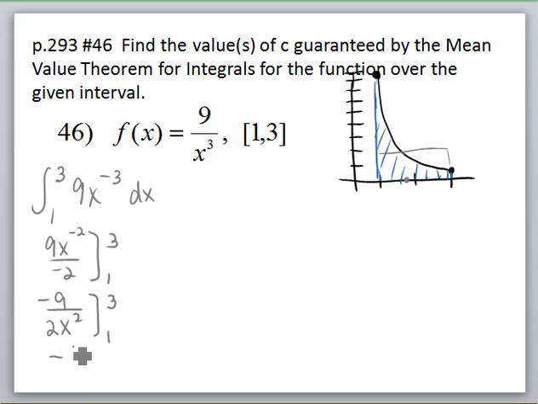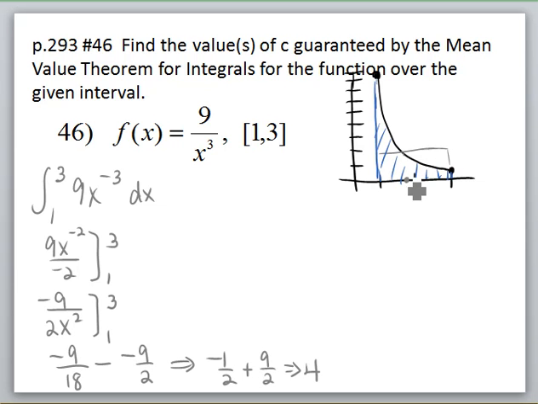That gives me negative 9 over 3 squared is 9 times 2 is 18, minus, we're going to plug in 1, and I get negative 9/2. What that does is it gives me the answer of negative 1/2 plus 9/2, which is 4.